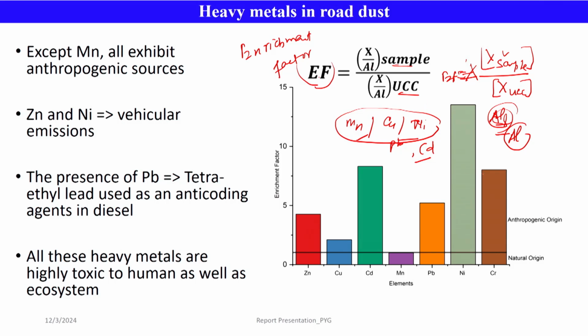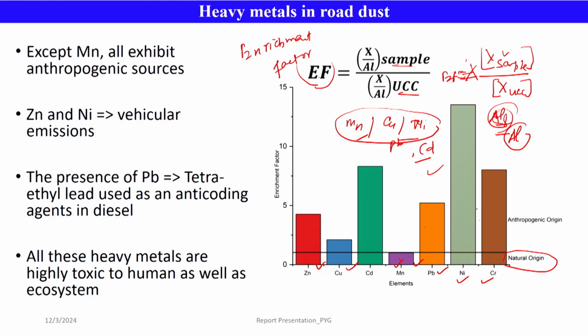Now if you talk about the ratios, you have here zinc, copper, cadmium, manganese, lead, nickel and chromium. If they had a natural origin, their ratios should be somewhere around one. But because their ratios are much higher, except manganese and a little bit copper, the other elements like zinc, cadmium, lead, nickel and chromium are mostly derived from anthropogenic activities.